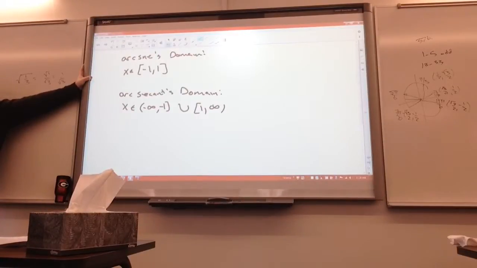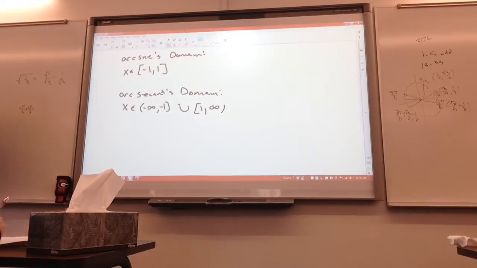The domain of the sine is all real numbers, but its range is from -1 to 1 only. So the arcsine's domain has to be from -1 to 1. And its range isn't all real numbers, but it's darn well close. It's from -pi over 2 to pi over 2.